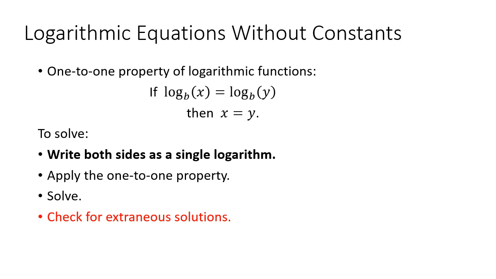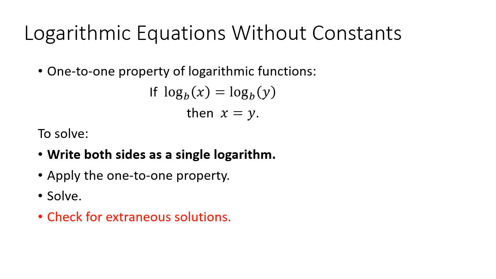So in order to solve, the first step is that you have to write both sides as a single logarithm. And I put that in bold because a lot of students forget that. In a lot of our problems, we're going to start with 3 or maybe even 4 logarithms. You cannot just drop all of the logarithms in a problem. That does not preserve equality.